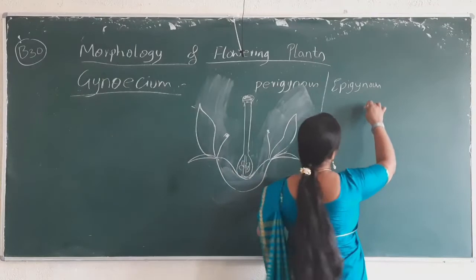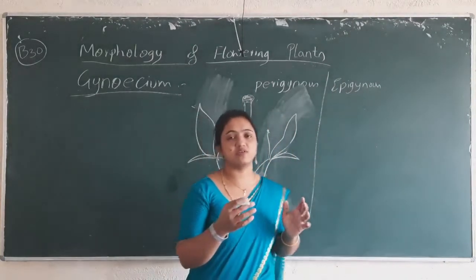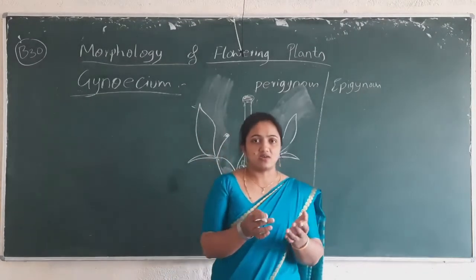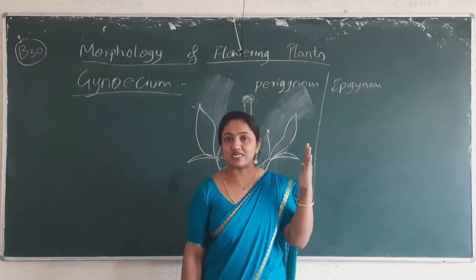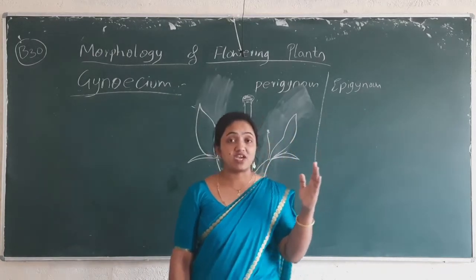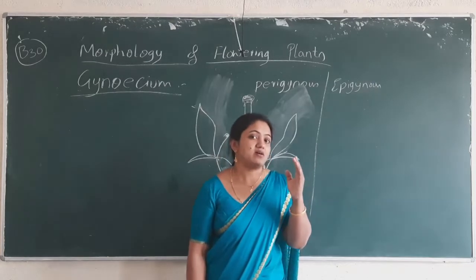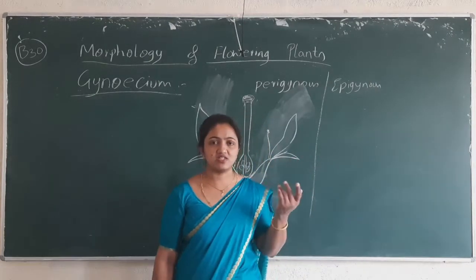Now coming to the epigynous. Epi means on. Consider this is a tree. What kind of tree should we imagine? This is the banyan tree. Just imagine one banyan tree or peepal tree, anything else.